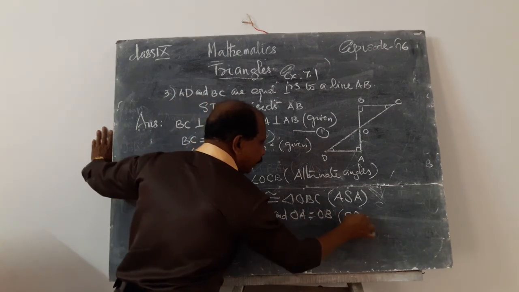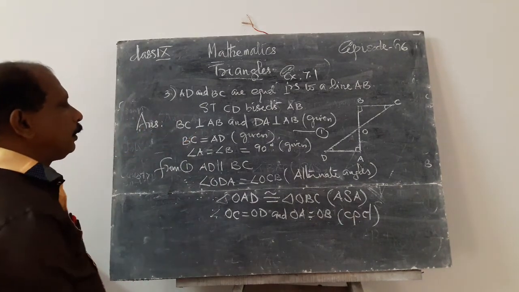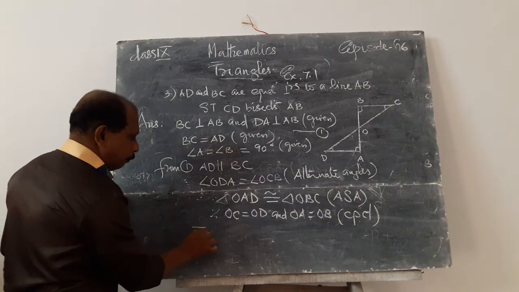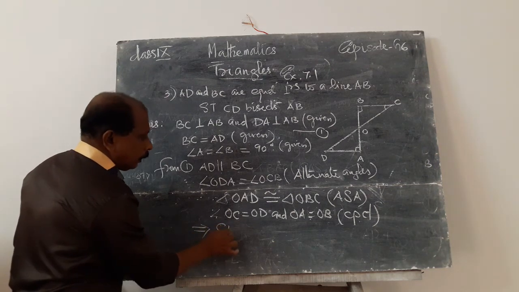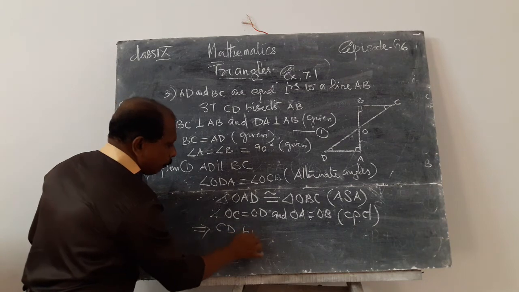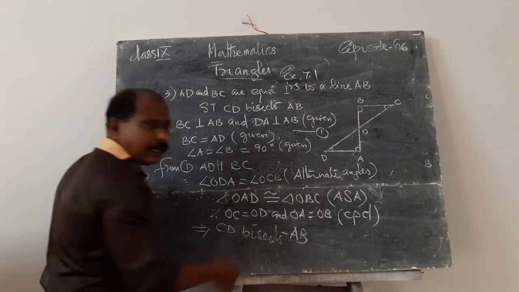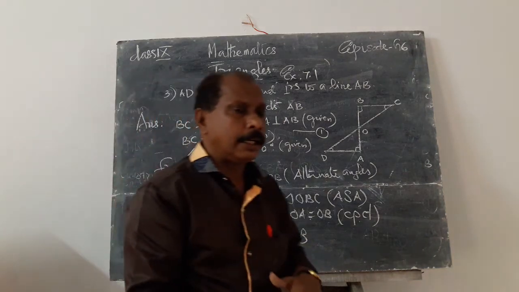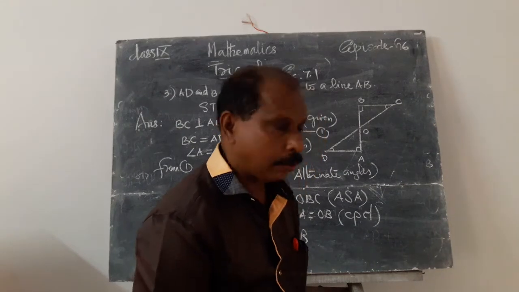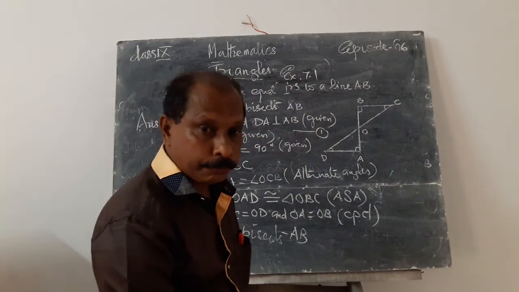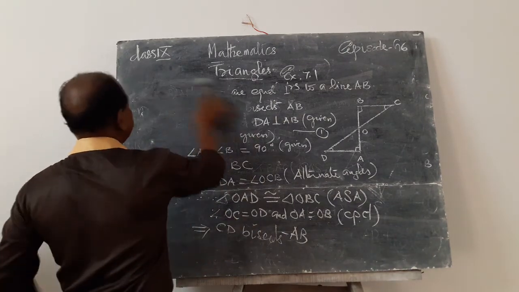That is CPCT, which implies that CD bisects AB, and vice versa, meaning CD bisects AB and also AB bisects CD, because all the lengths are equal. This is the proof of problem number 3.